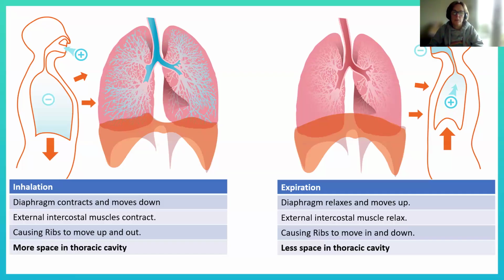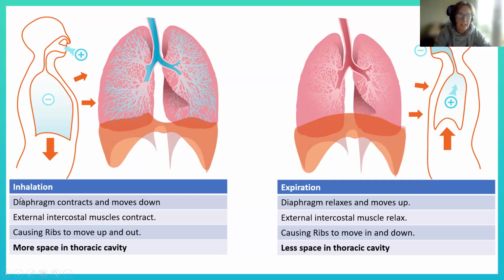And what you should feel then is your rib cage lifting up and out, because your hands should be on your actual ribs there, as you breathe in. And then as you breathe out, you should feel your hands coming in. So you should really feel that movement if you do that. So just do that a couple of times and then we'll have a look at what's happening. So you can feel it quite well when you do that.